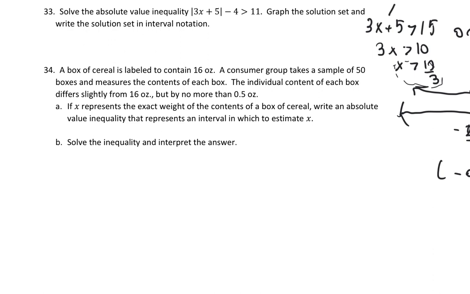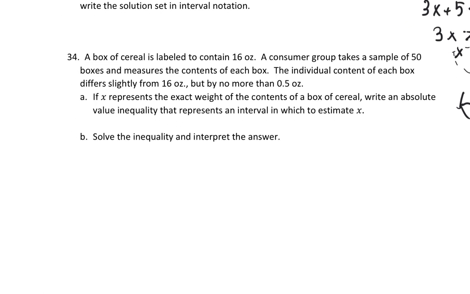So here is what we're going to write. I'm going to write it down here because there's not much space to write it under there. So part A. We're trying to estimate x, right? And we want to get an absolute value inequality. So the idea is, if x is the real weight of the box, and it should be 16, then x minus 16 is the difference between the actual and what it should be.